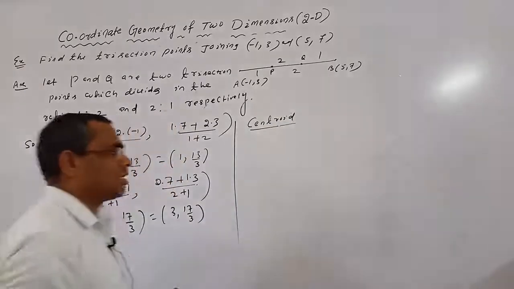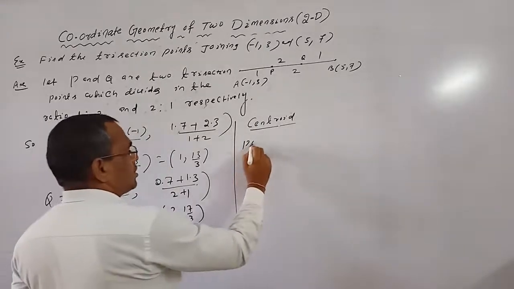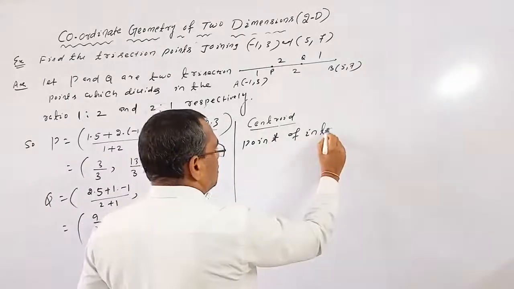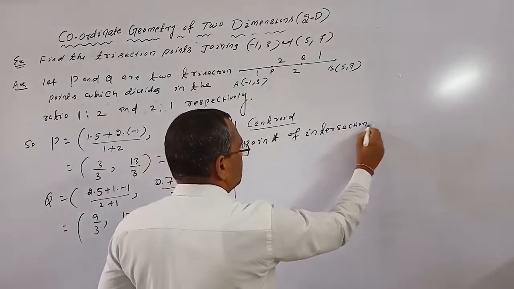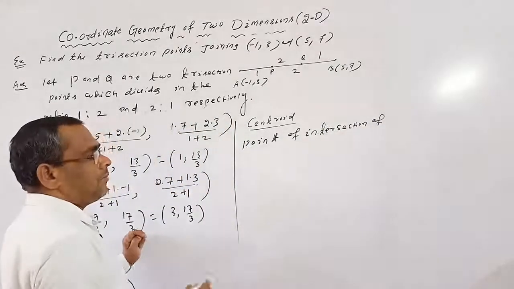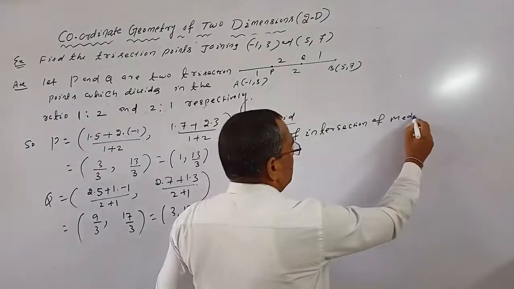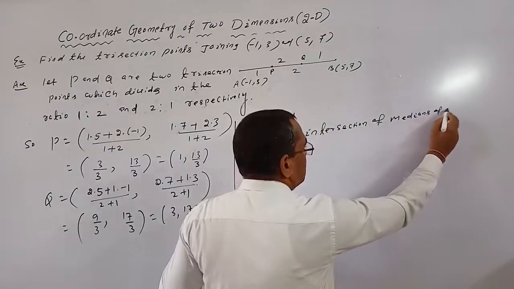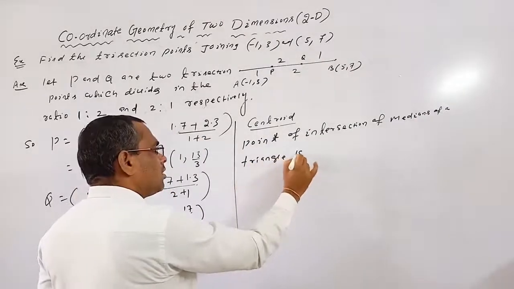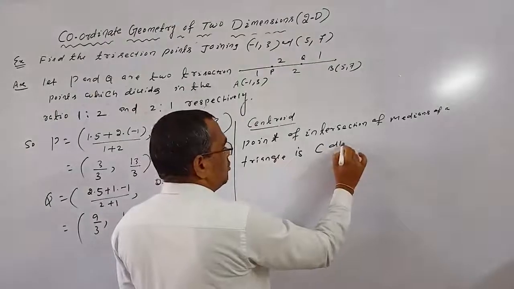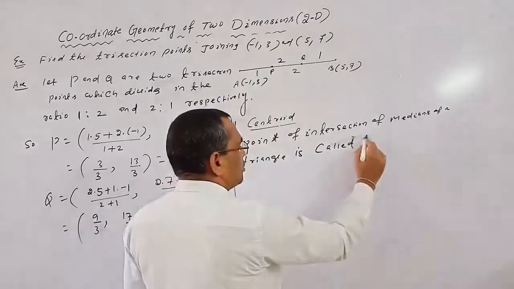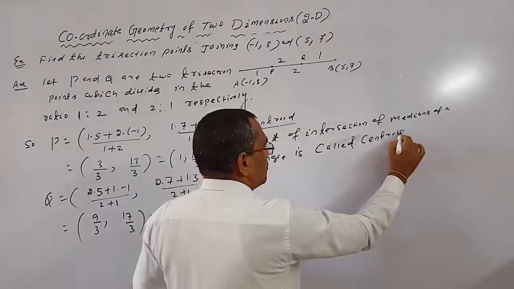You know, the point of intersection of medians of a triangle is called the centroid.